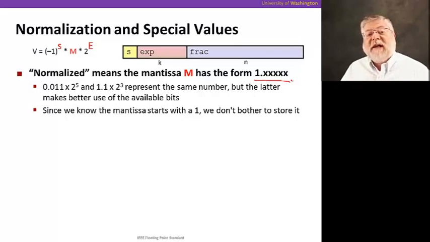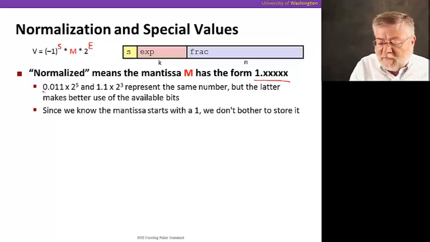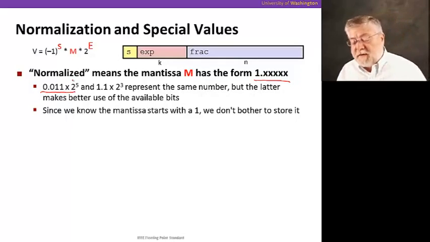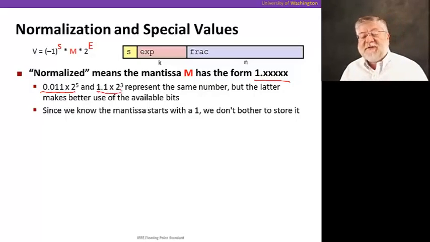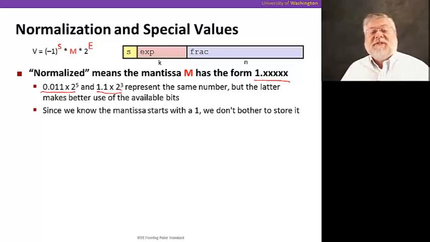We always have values that start with 1 point something. So if we wanted to represent the number 0.011 times 2 to the 5th, we would normalize that to be 1.1 times 2 to the 3rd. Those are exactly the same, but the latter makes better use of the available bits because we don't have to bother with those extra zeros.